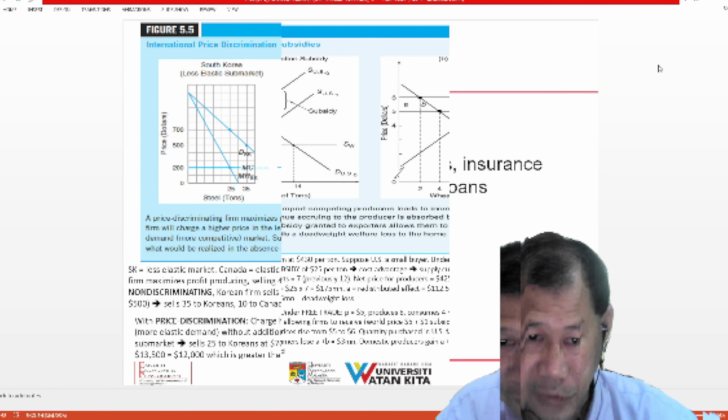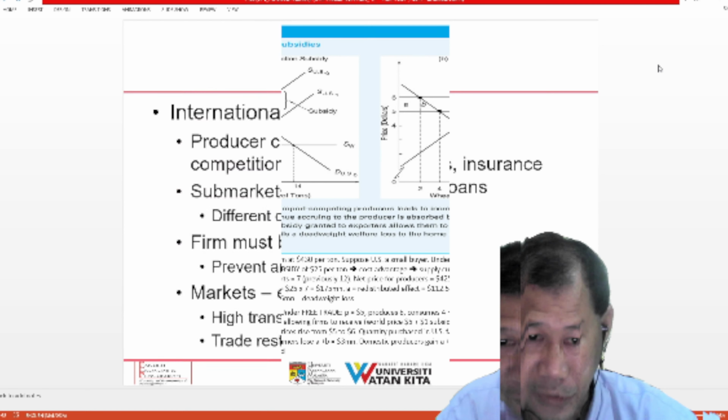Now we're going to study this with the graph. International price discrimination: lower prices for the foreign market compared with the local or domestic market. Producers charge more at home with less competition and less overseas to compete.